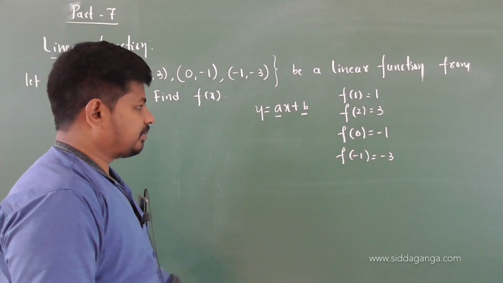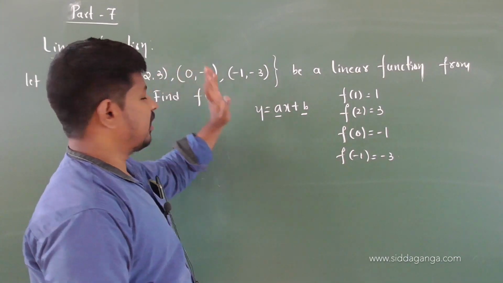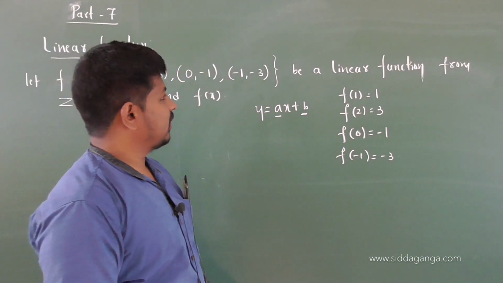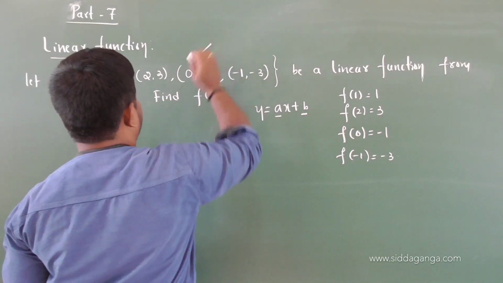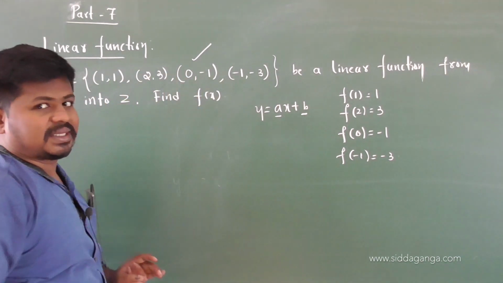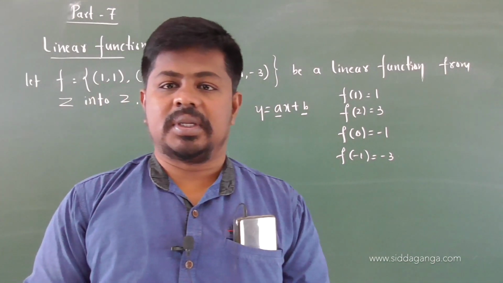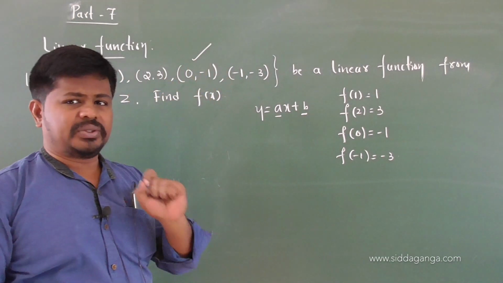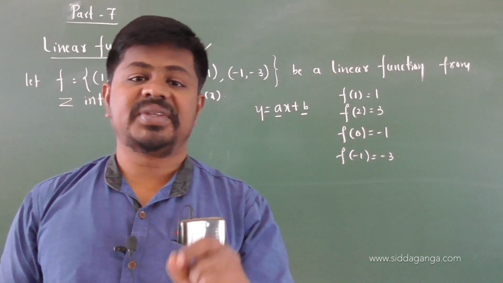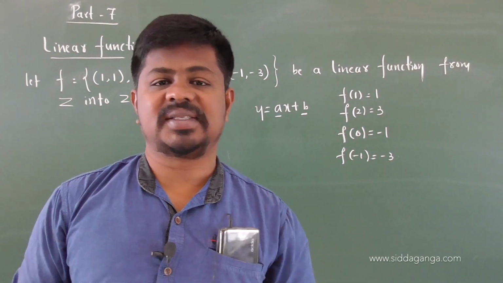For that, let us use these domain and range values. To find a and b, first you choose an ordered pair which contains 0 as the domain value. You can take any of the ordered pairs, but better you choose one which contains the first element as 0 or the second element as 0.